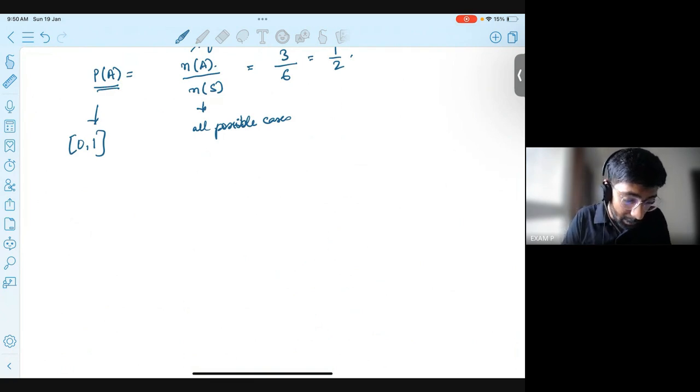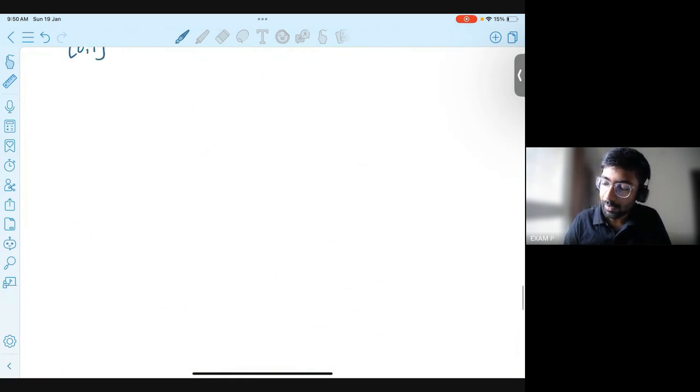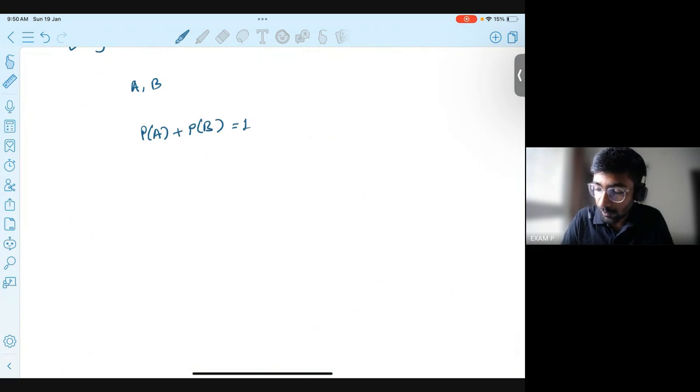What else? The probability function must satisfy the following two conditions. One is that the number should be between 0 and 1, and the other is about different events. If you have only two events, A and B, then the probability of A plus the probability of B should be equal to 1, if A union B is equal to the sample space.